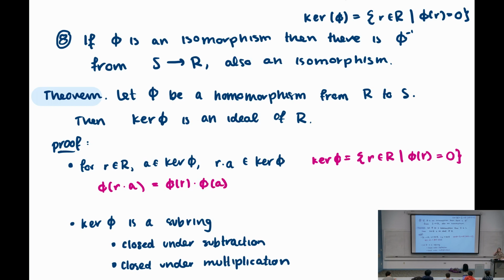And then A was an element of the kernel, so this is equal to phi R times 0, which is then 0. So this shows that R times A is also in the kernel of phi. Other questions?